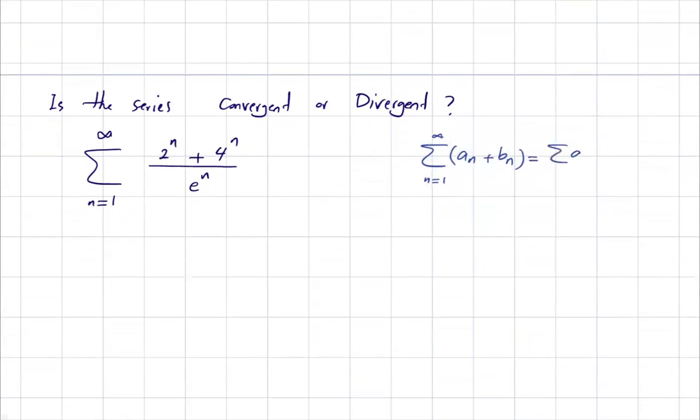This is the summation of an, n starts from 1, goes to infinity, plus the summation of bn, n starts from 1, goes to infinity. So we can break off this series into the summation of two series, the first series and then the second series.